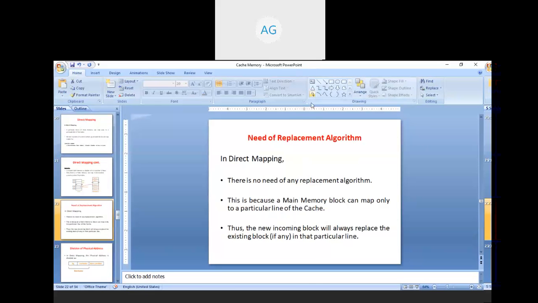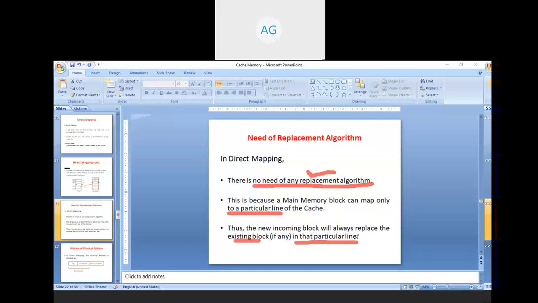The next topic is the need of a replacement algorithm. In direct mapping, there is no need of any replacement algorithm. This is because a main memory block can map only to a particular line of the cache memory. So we do not need any type of replacement algorithm in this technique. The new incoming block will always replace the existing block, if any, in that particular line.